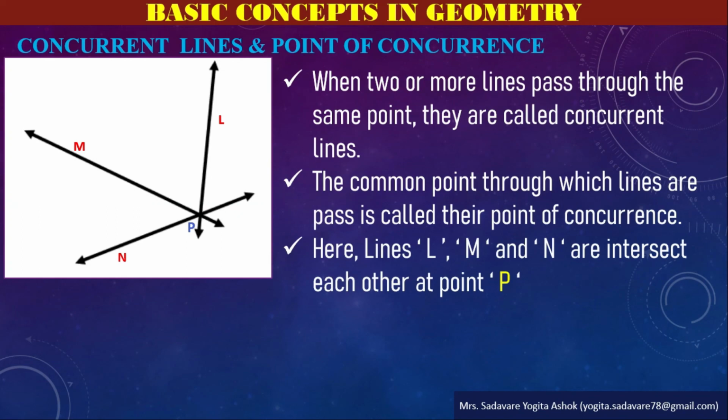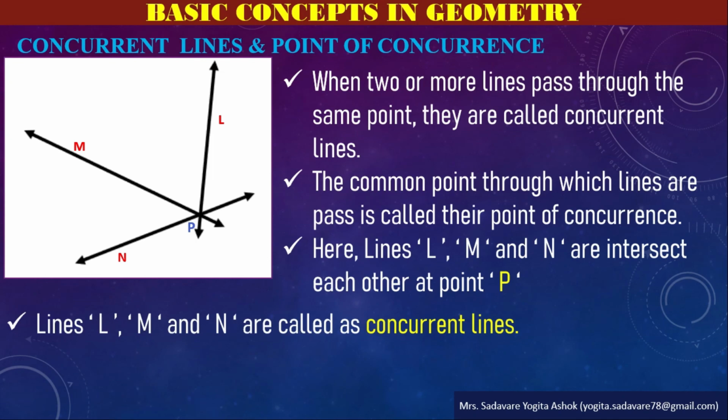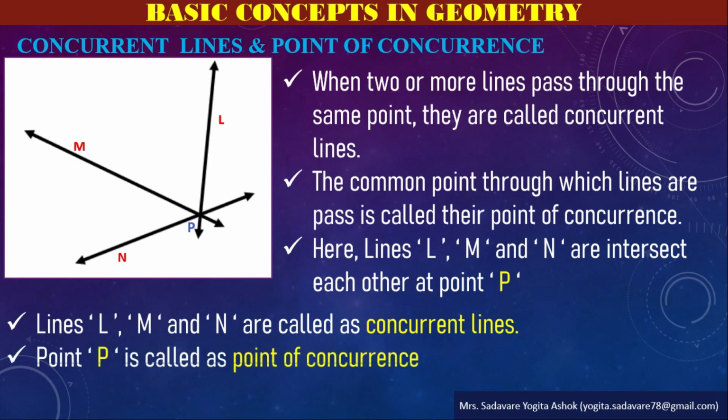Here lines L, M and N intersect each other at point P. Lines L, M and N are called concurrent lines. Point P is called the point of concurrency.